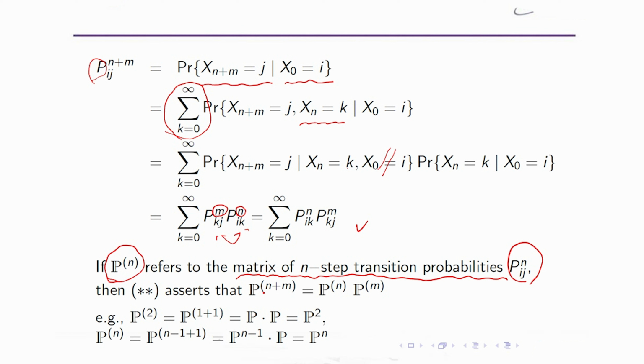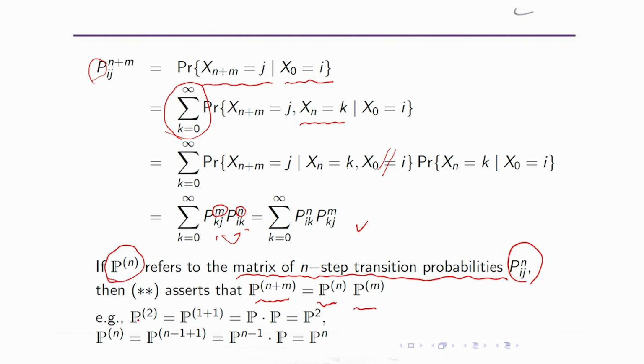So we know P^(n+m) can be expressed as the matrix P^(n) times P^(m). Notice that P^(n+m) represents the n plus m step transition probability matrix, and this can be expressed as the n-step transition probability matrix times the m-step transition probability matrix.